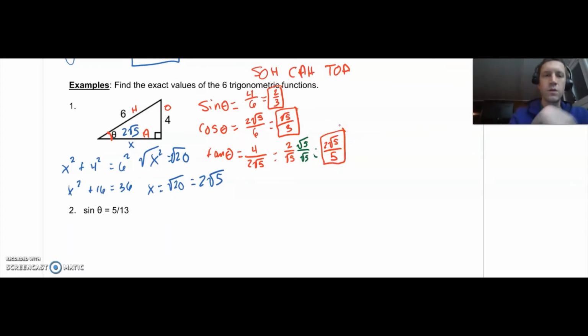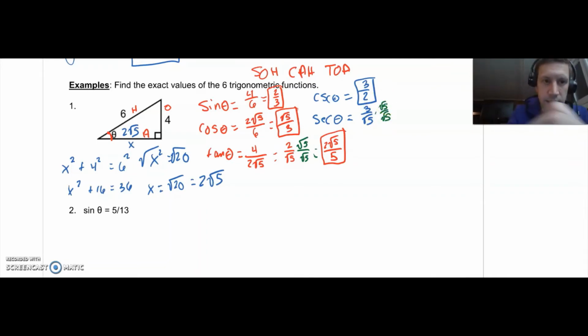Okay, so remember sine has a reciprocal function which is cosecant. So cosecant of theta, take sine, flip it on its head. Secant is going to be the reciprocal of cosine, so take the cosine value, flip it on its head, and then you have to rationalize.